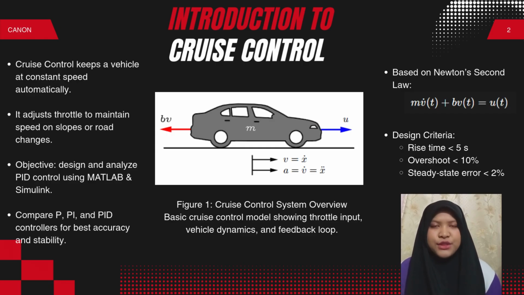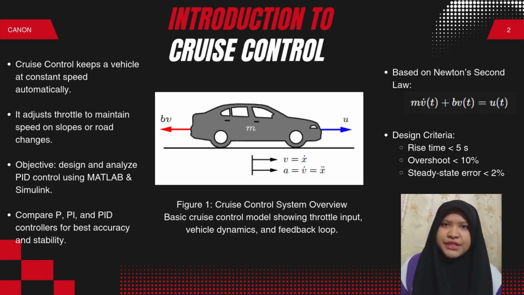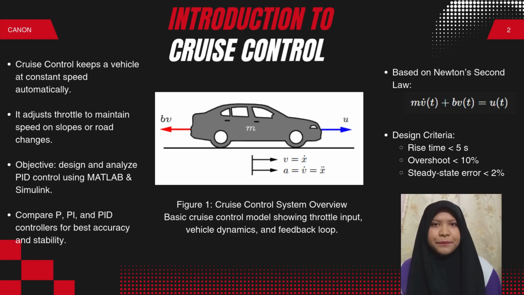The model is based on Newton's second law. When we include friction, the equation becomes M times the change of V plus BV equals the input force. This explains how the engine force and friction affect the car speed.